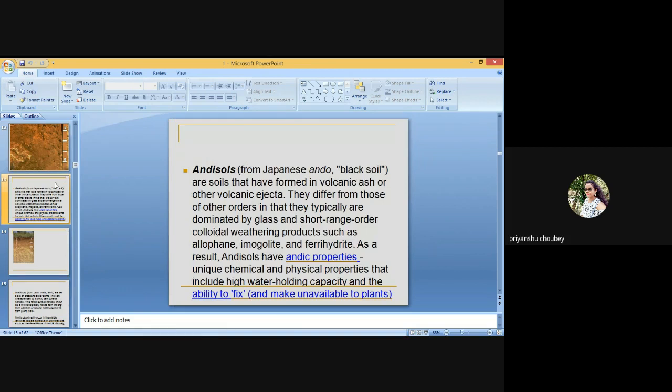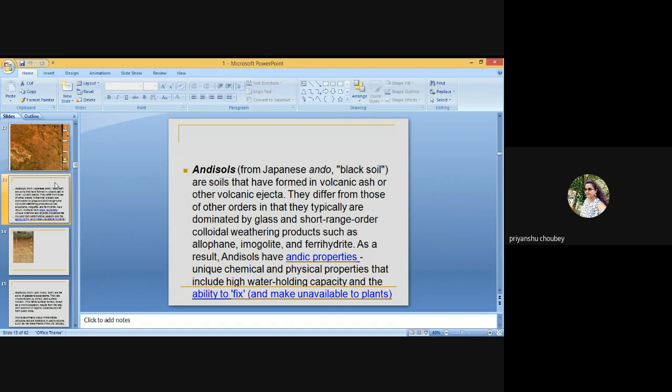Andisol. Andisol is from a Japanese word, and it means black soil.